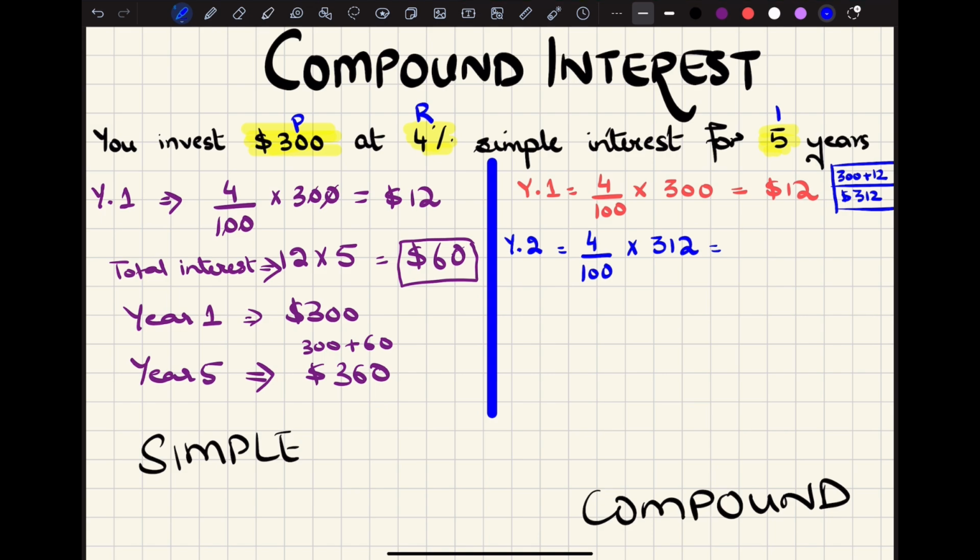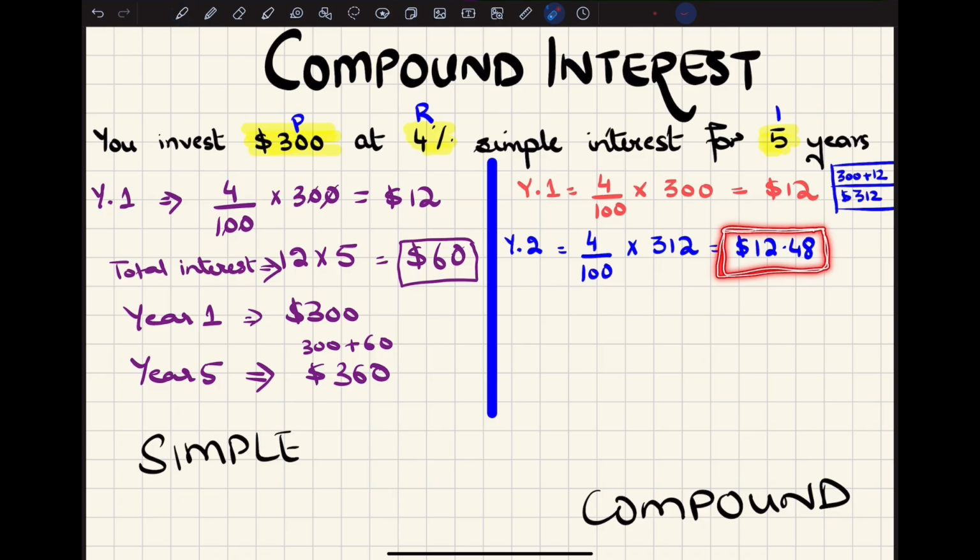So next year, you're going to earn interest on $312, not $300. So this is going to be 12.48. So the amount of interest is now different from what you're going to earn in simple interest. In simple interest, you're going to earn $12.